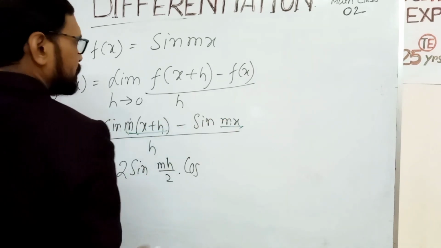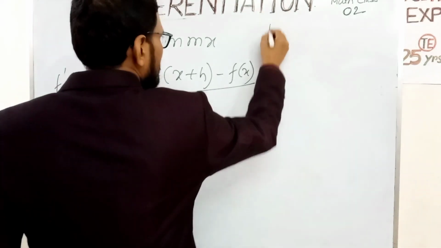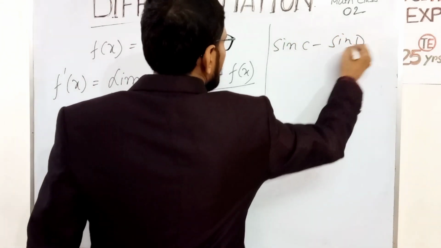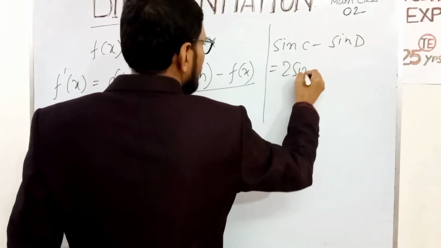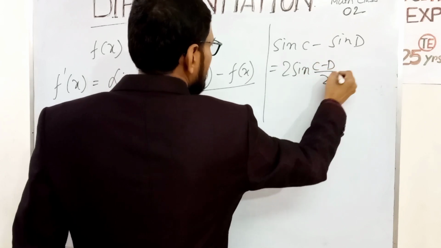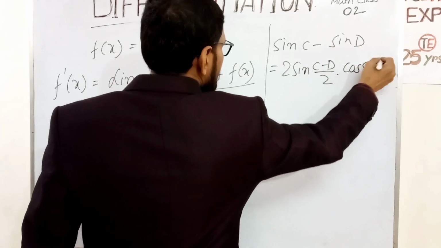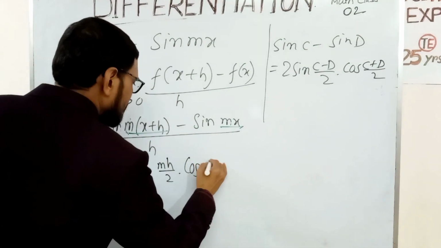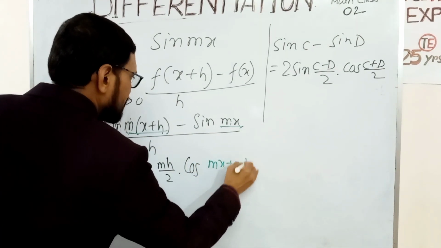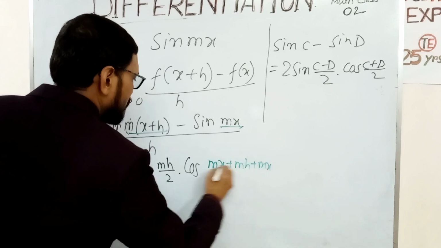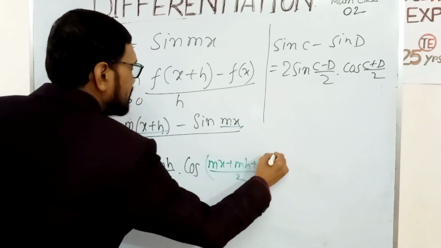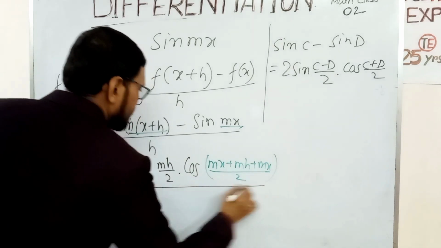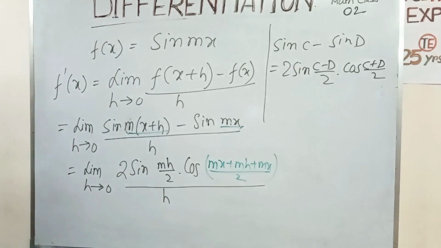We use the formula sin c minus sin d equals 2 sin (c minus d) by 2 cos (c plus d) by 2. Now this becomes the expression with 2 sin mh by 2 and cos of (mx plus mh plus mx) by 2, all by h.